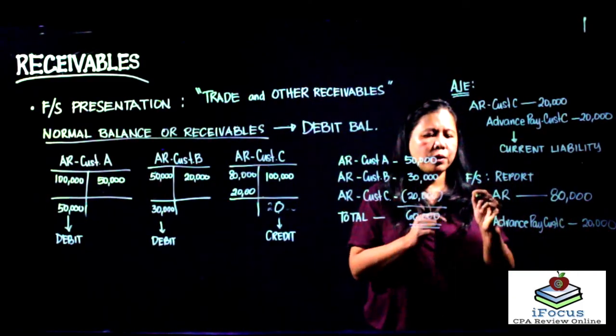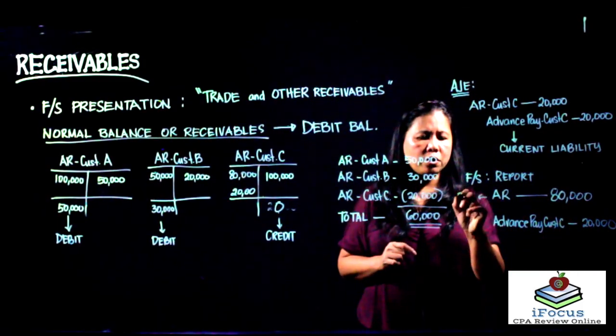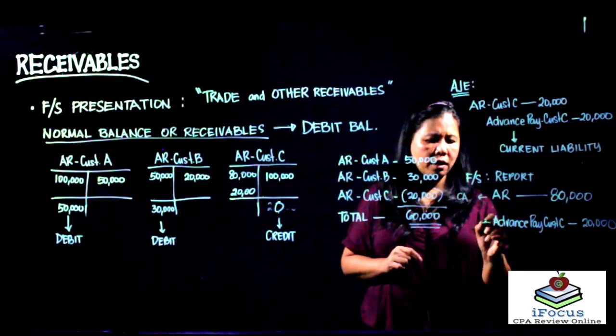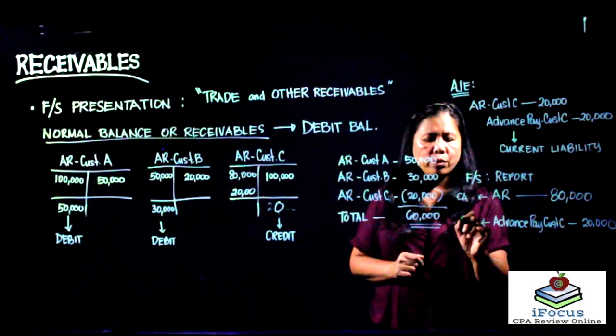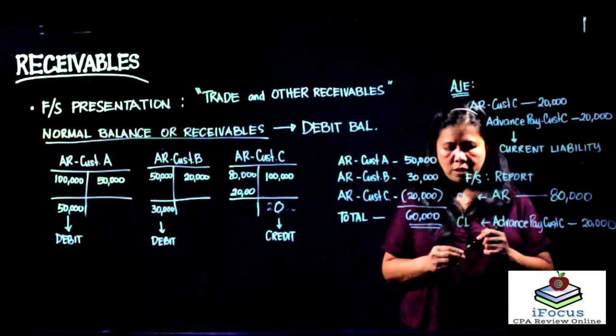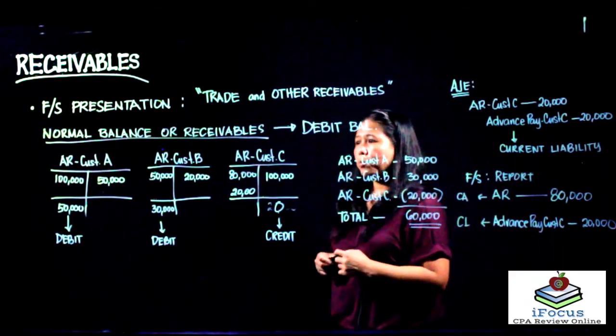So the accounts receivable will be current assets and the advance payment from customer C will be a current liability. All right, let me repeat that.